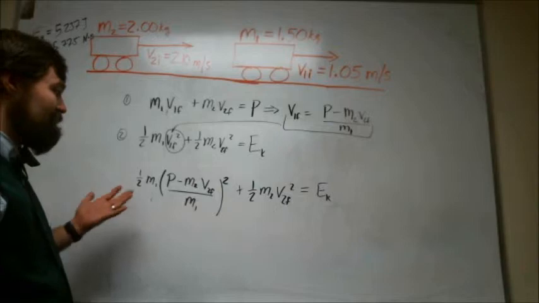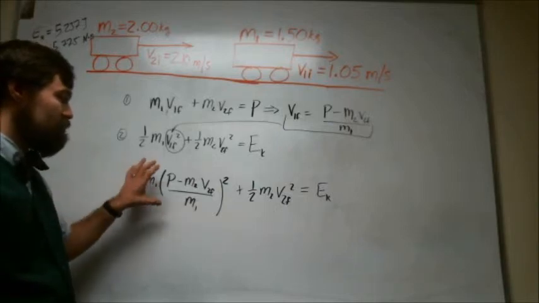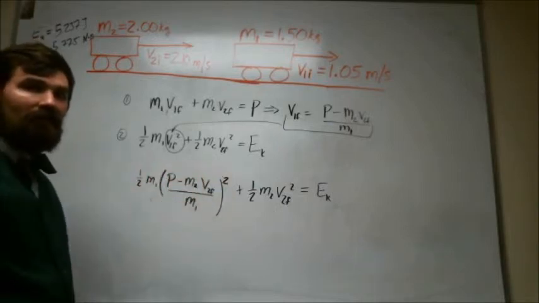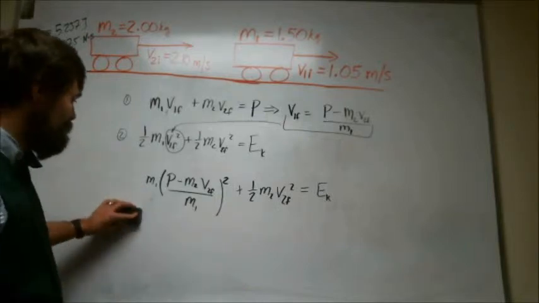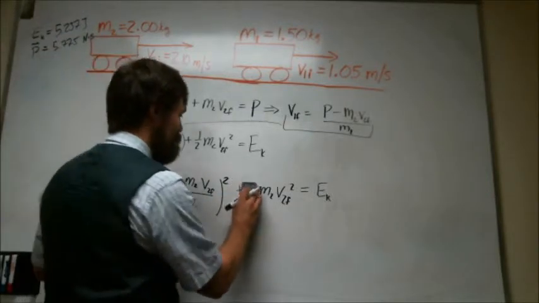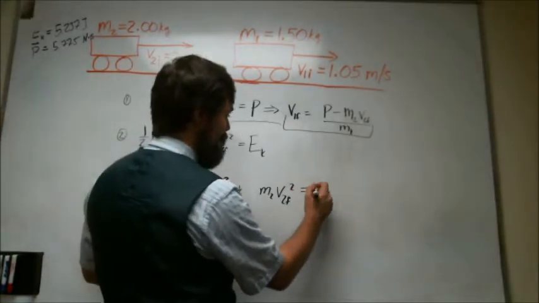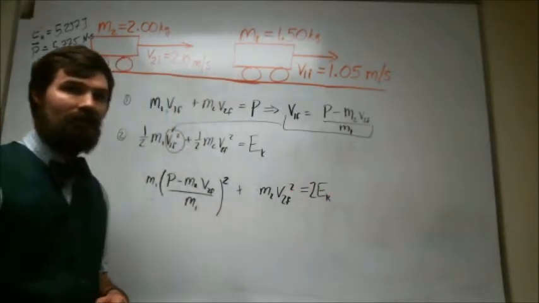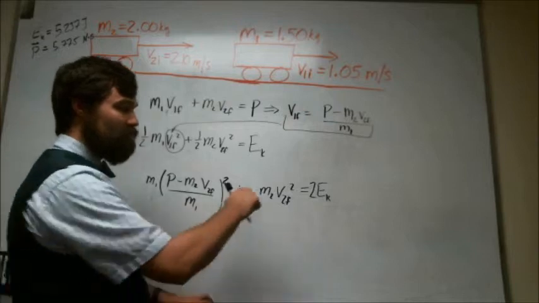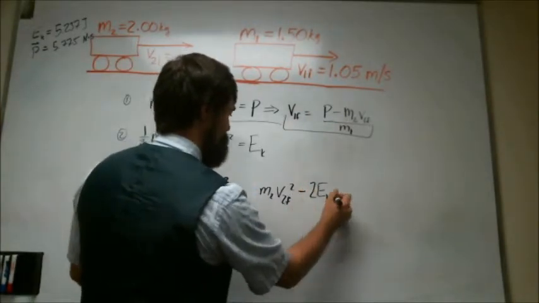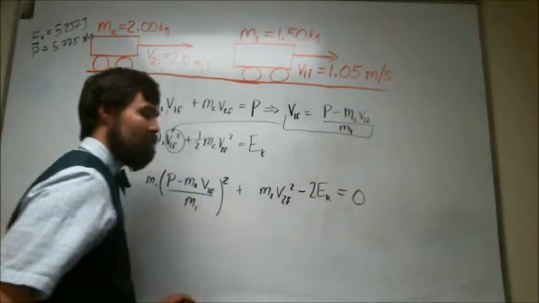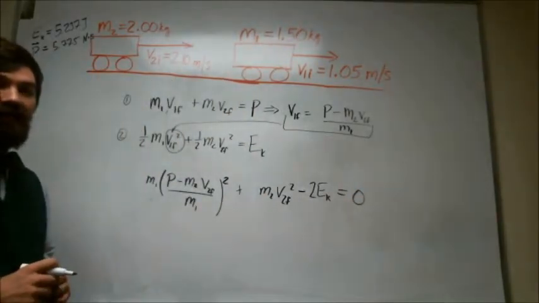So basically I have to square this mess, and before doing that I'm going to get rid of this 1/2 and just move it over here. And then I'm going to subtract a 2 EK from both sides so that it looks a little more like a quadratic.